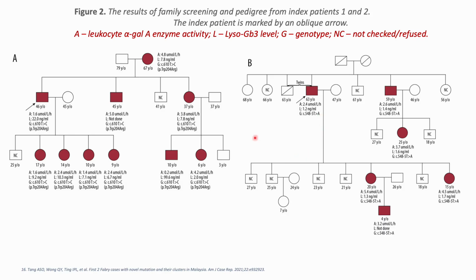The X chromosome passed to his daughter. The daughter's lyso-Gb3 was 1.3. Residual enzyme activity is 4.4. This means the GLA activity is not reliable. So in the family screen and pedigree from the index patient, the X chromosome passes to the daughter, but he doesn't pass it to his son.